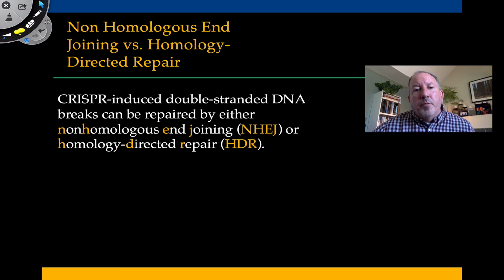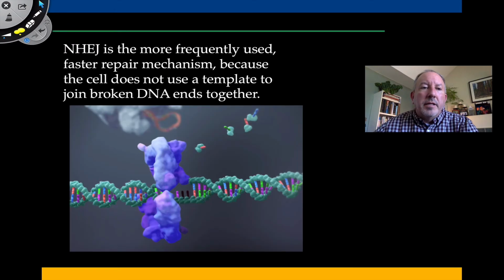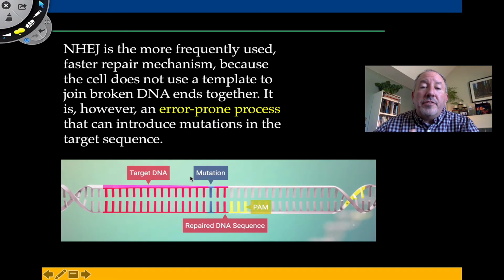When there's damage done to a cell, the non-homologous one, which is more frequently used, doesn't have a template to use to repair the break perfectly. So basically it's just joining any nucleotides together, and so it's error prone, which introduces mutations in the target sequence.